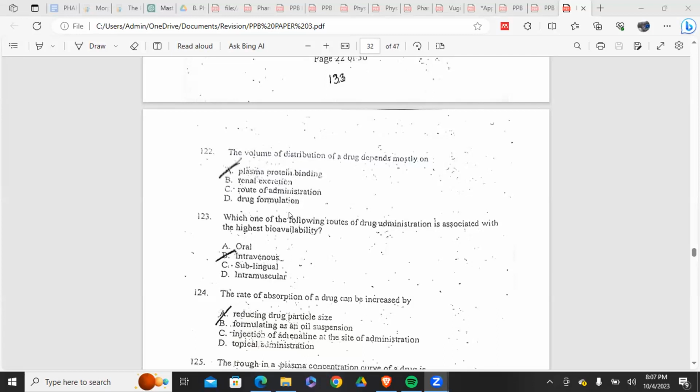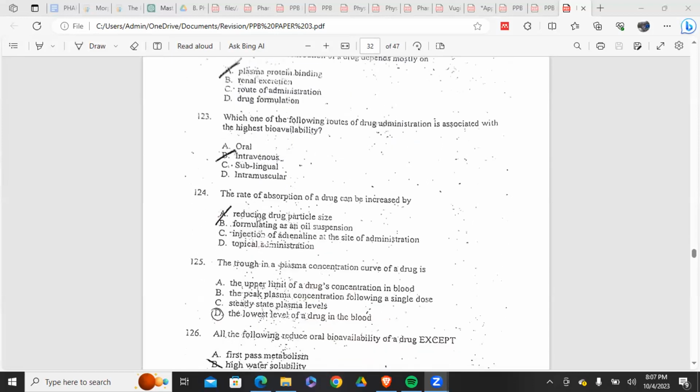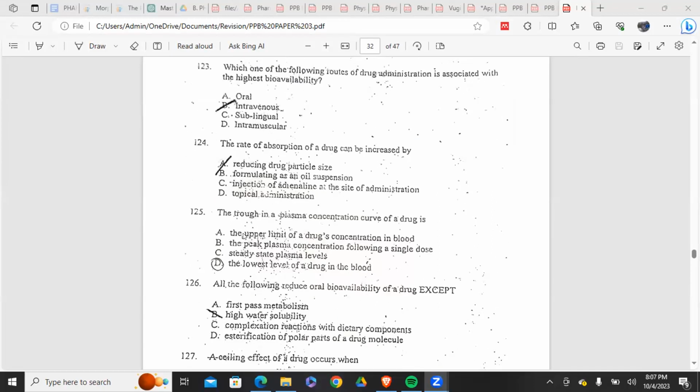Which one of the following routes of drug administration is associated with the highest bioavailability? Hiyo ni definitely intravenous. The rate of absorption of a drug can be increased by particle size reduction. I think it covered this. Hata unajua tu bila kusoma.